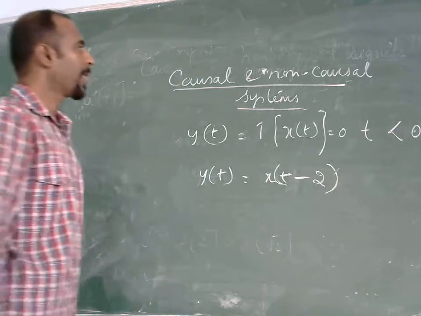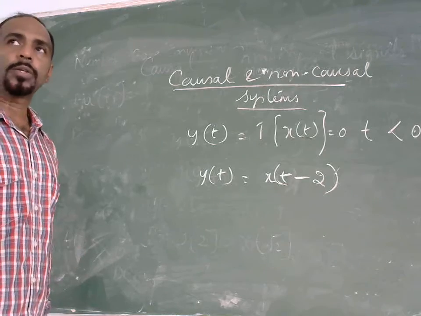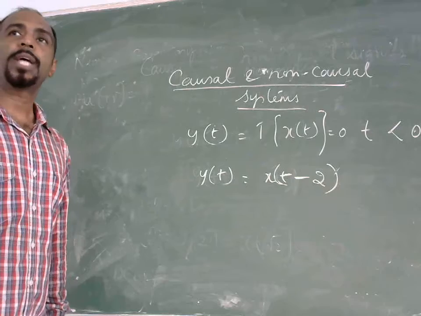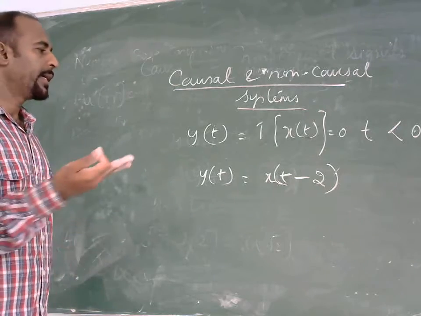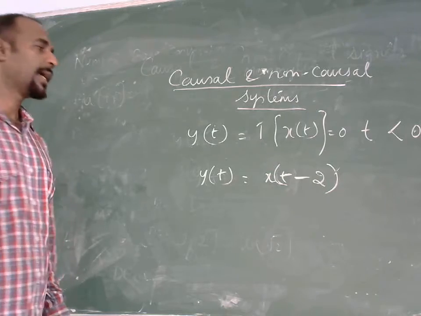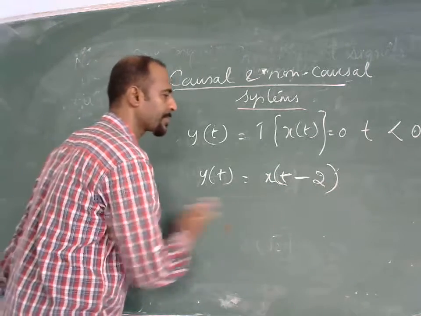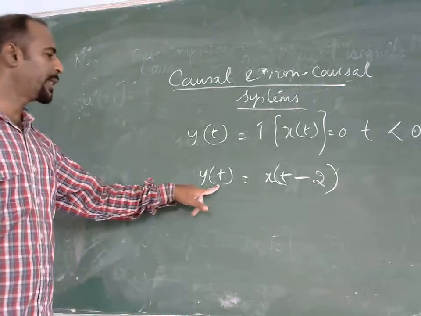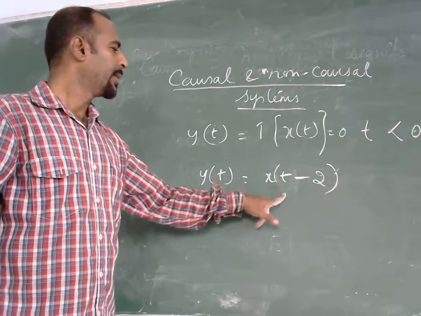So is this system a causal system or a non-causal system? Put in all values of t and check whether it depends on future values, for example at t equals minus 1.